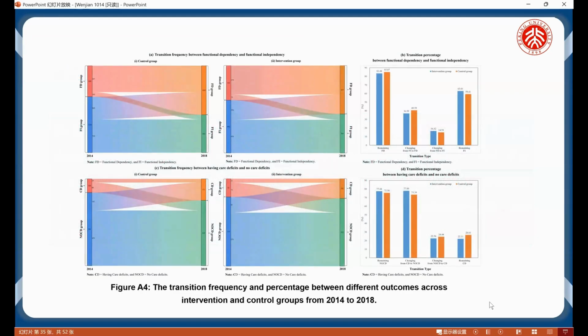This figure is the transition frequency and percentage between different outcomes across two groups.